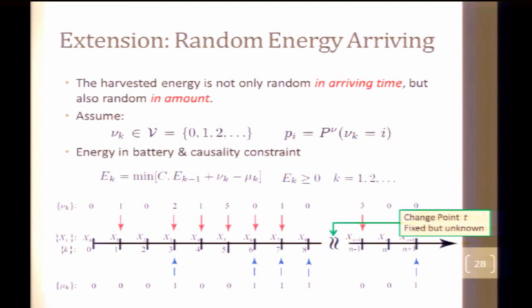This is the energy left after the previous time slot. This new energy comes, and this is the energy you use. Again, we have this energy causality constraint, so EK is always larger or equal to 0.